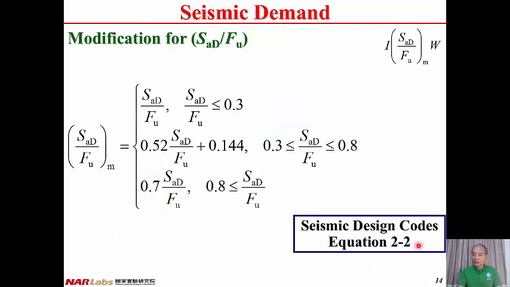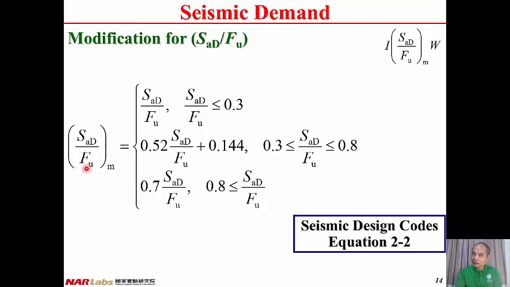And from seismic design code equation 2-2, we have the modification for the ratio SAD to Fu. If SAD divided by Fu is less than or equal to 0.3, no modification is necessary. If SAD divided by Fu is larger than or equal to 0.8, the ratio is reduced to 70%.